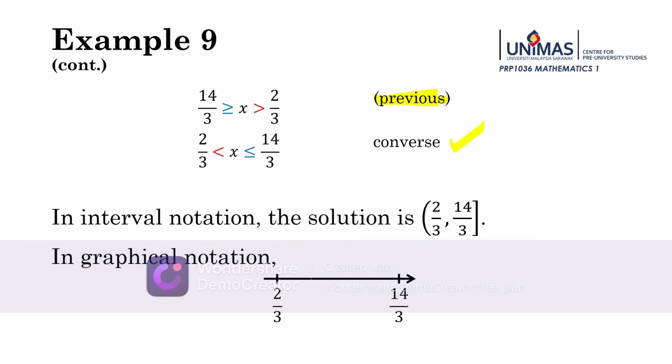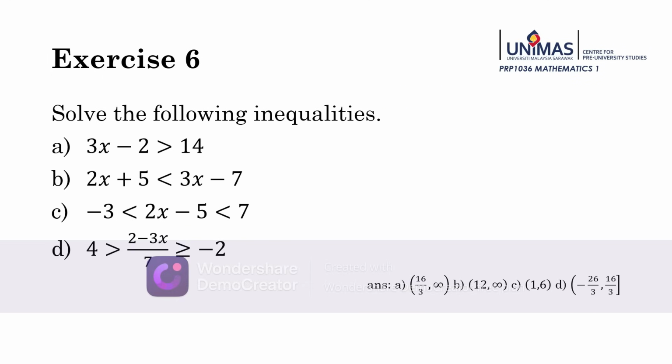Small to large, right? The small one at the left hand side, the large one at the right hand side. Okay, so empty dot without equal sign, full dot with equal sign. Okay, so here is the example exercise 6 that you can try yourself.